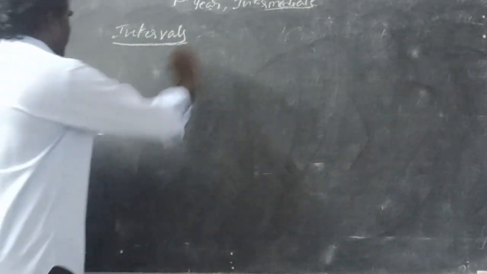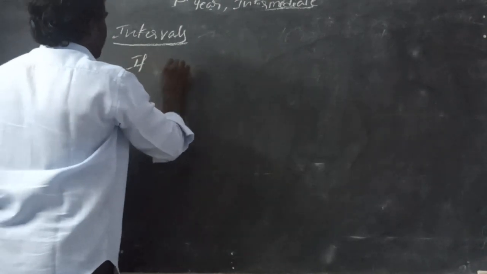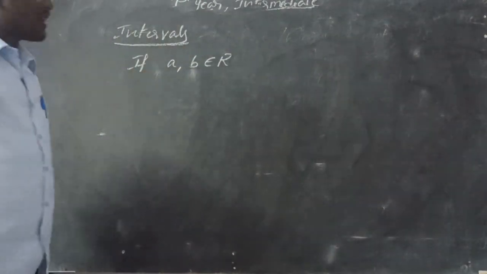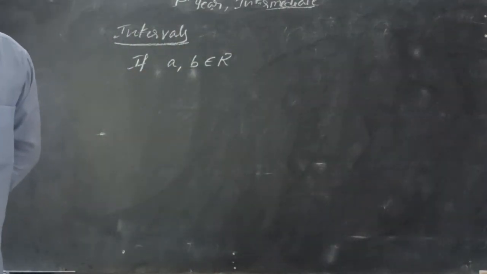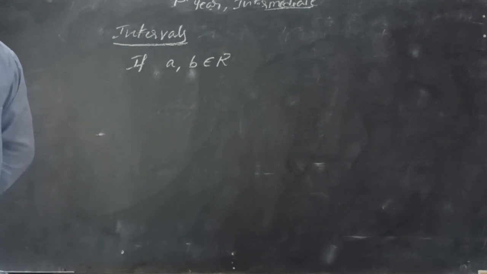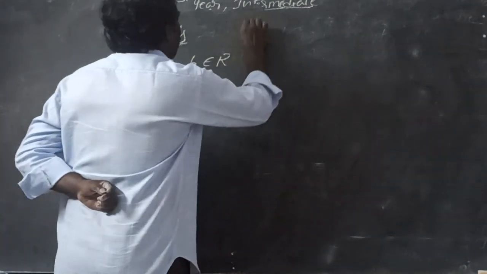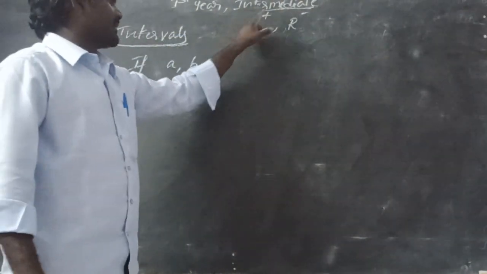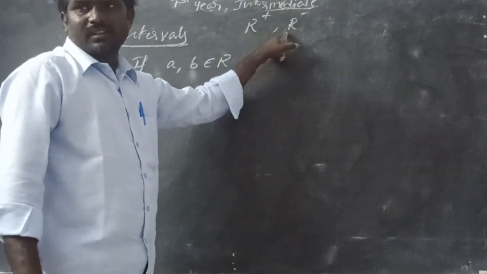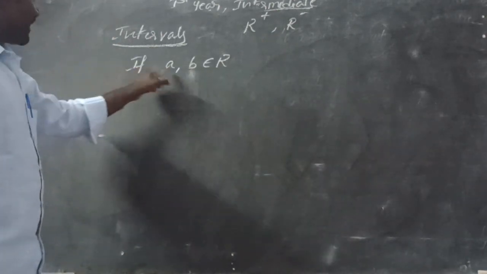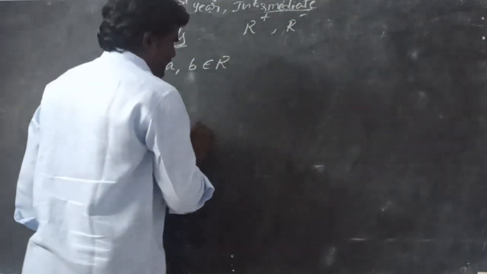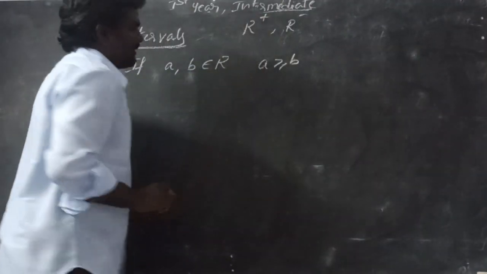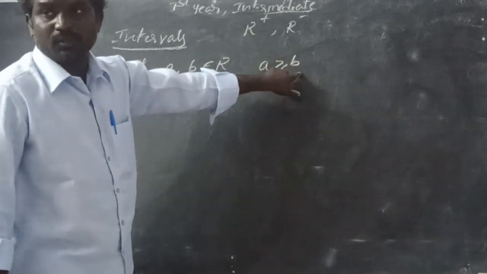Here, if A comma B belongs to capital R, the real numbers, which include positive real numbers R plus and negative real numbers R minus, and A is greater than or equal to B.